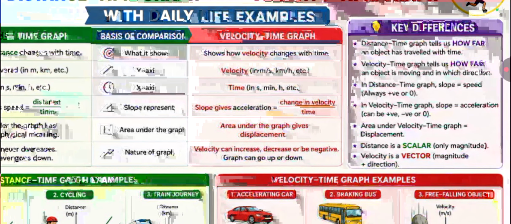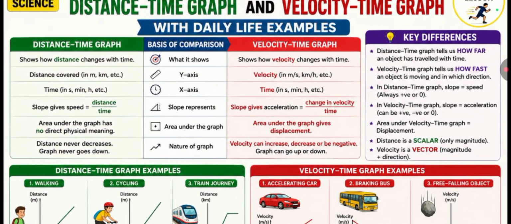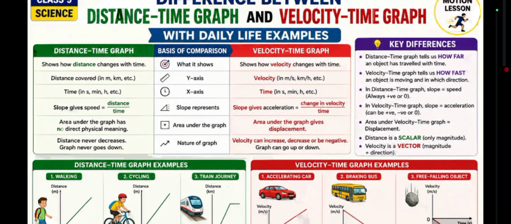It can be positive, negative, or zero. Area under the velocity time graph is equal to displacement. Distance is a scalar. It has only magnitude, not direction. Velocity is a vector. It has magnitude and direction also. So these are the key differences of distance time graph and velocity time graph.